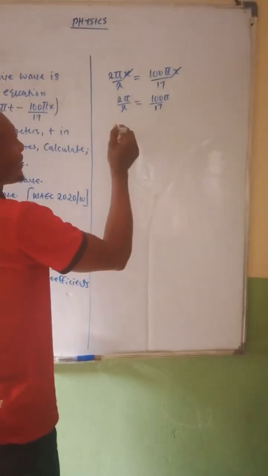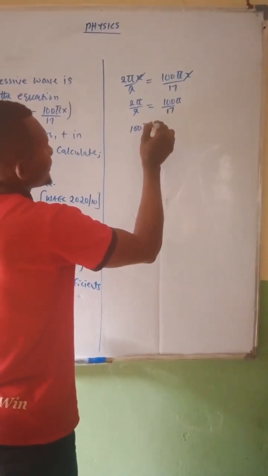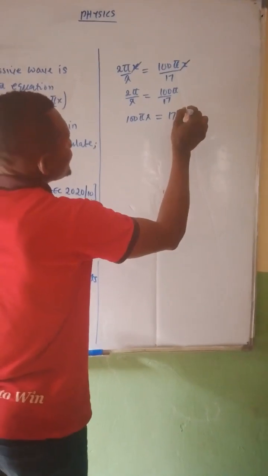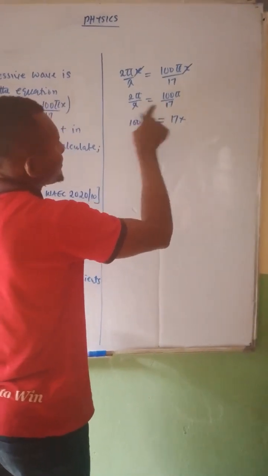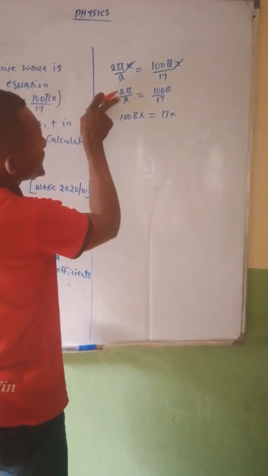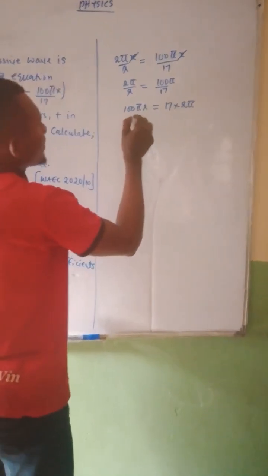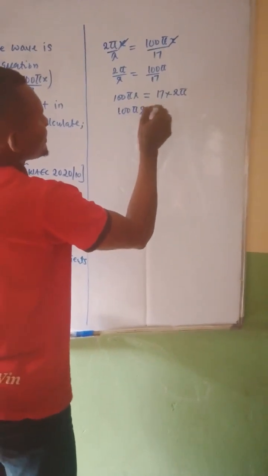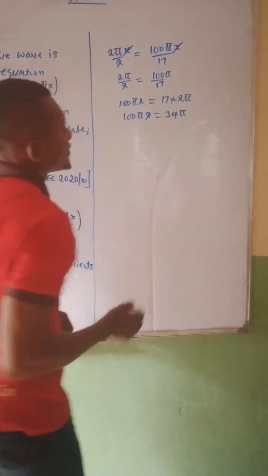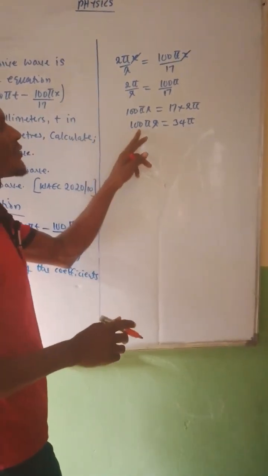So when we cross multiply, we have 100 pi lambda is equal to 17 times 2 pi. Now we have 100 pi lambda is equal to 17 times 2, which will give us 34 pi. So we are finding lambda, so we make lambda the subject by dividing both sides by 100 pi.